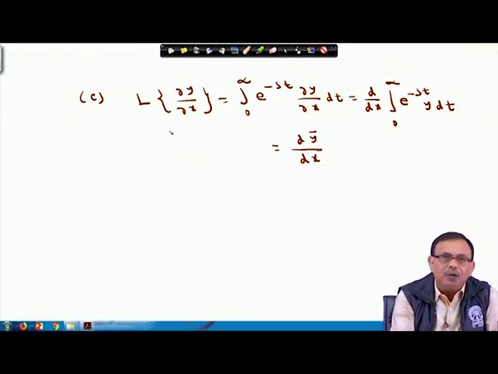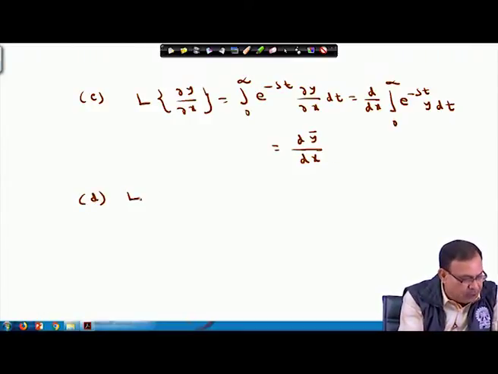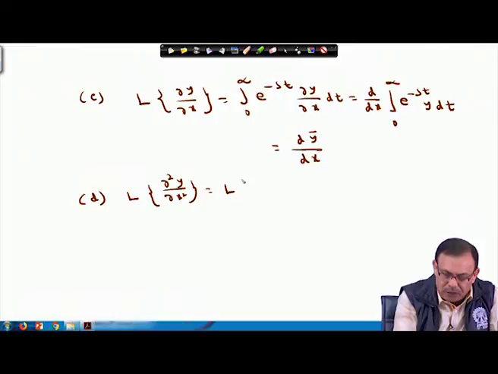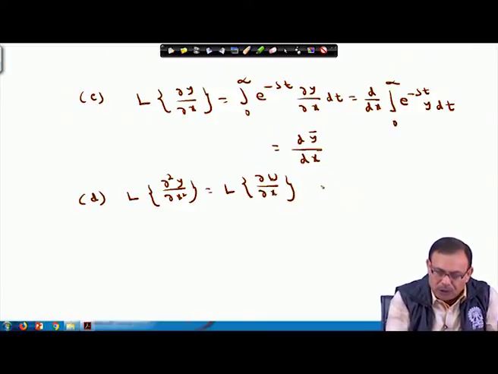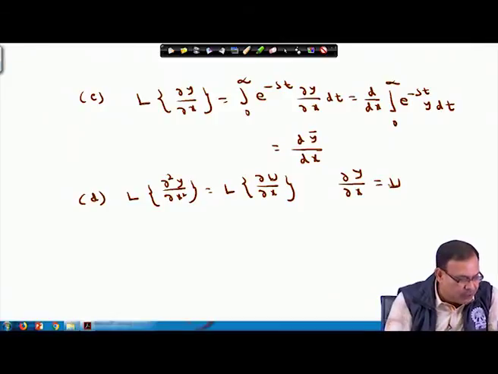Therefore, Laplace transform of del y del x is directly d y bar dx, and the last one is Laplace transform of del 2 y del x square. Again I can write this as Laplace transform of del U del x, where del y del x equals U, you can assume.